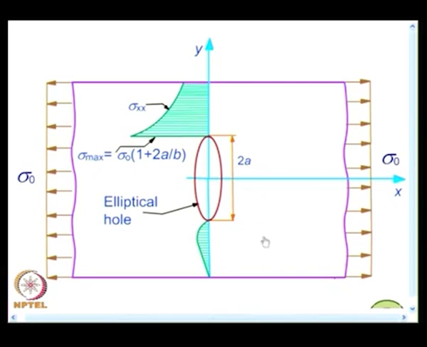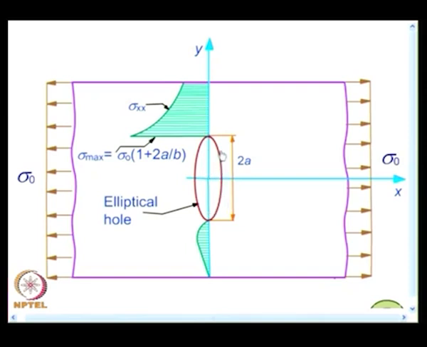So, imagine that this is an infinite plate with a small elliptical hole, but it is shown big for clarity, and there is also a small pixelation error here. The figure is magnified. So, you find that there is a shift in this. You imagine that this is a straight line.